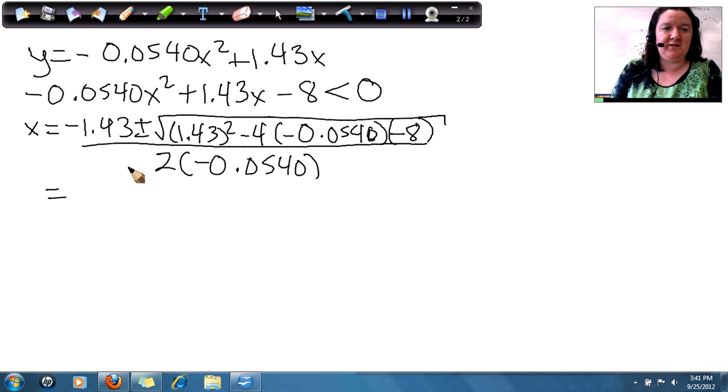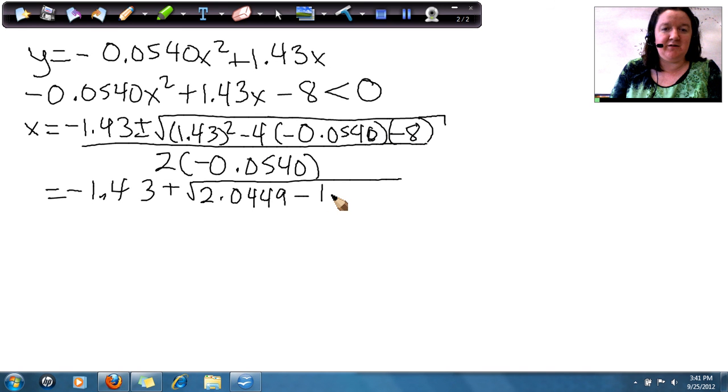So if we work this out, negative 1.43 plus or minus, well, 1.43 squared is going to give me 2.0449. If I take negative 4 times negative 0.0540 times negative 8, that's going to give me negative 1.728.